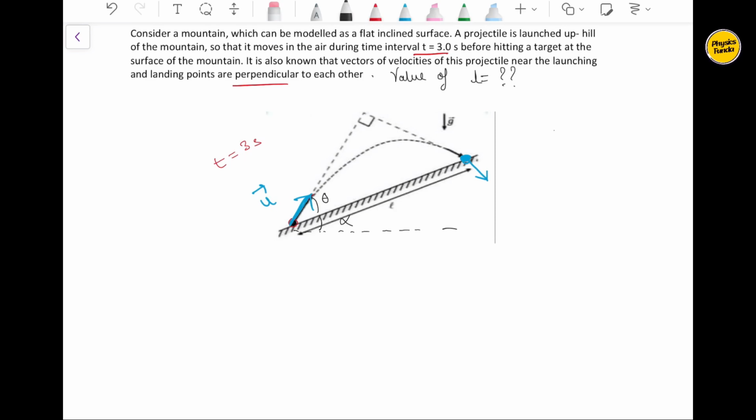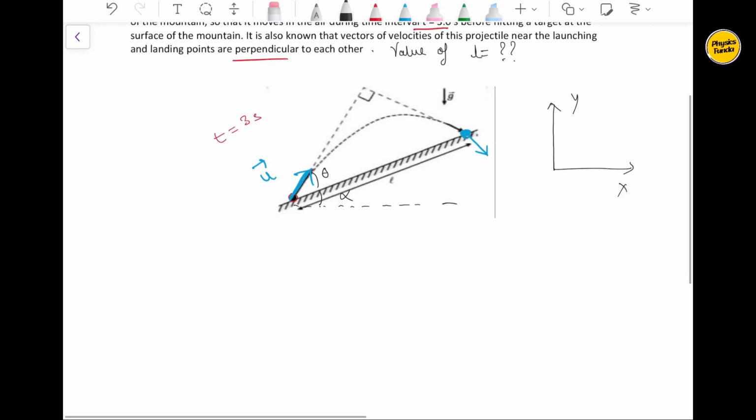So if I take this in an xy coordinate system, I can write the initial velocity u vector in terms of components. This can be written as u cos(theta plus alpha) i cap plus u sin(theta plus alpha) j cap, right?